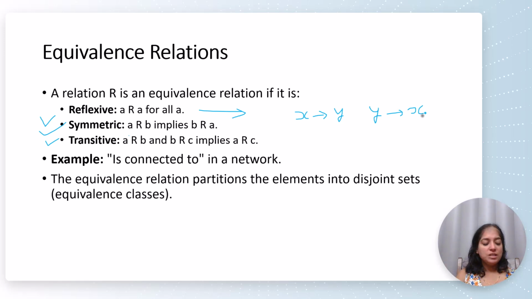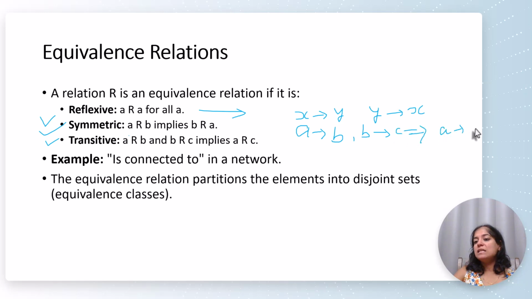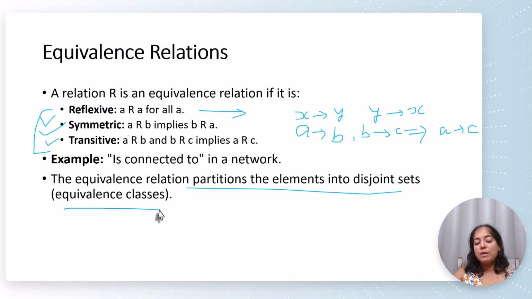Transitive is if element A is related to B and B is related to C, then A is related to C. If all these three properties are satisfied, then the relation is called an equivalence relation. The equivalence relation partitions the elements into disjoint sets, which are also called equivalence classes.